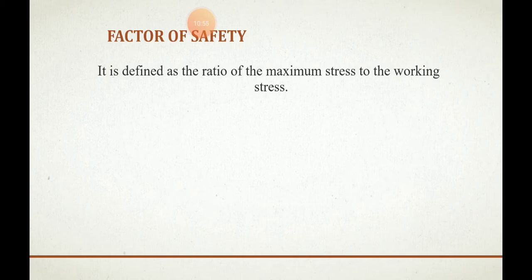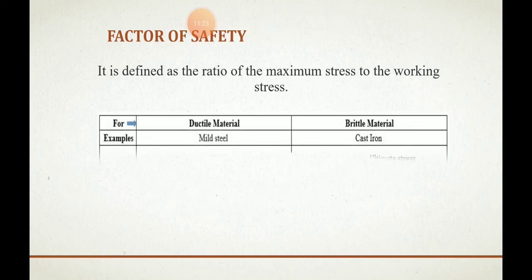If you are using some component in a nuclear power plant, it has a very high factor of safety, maybe 6 or 7. If you are constructing a bridge or a building, even their factor of safety will be higher. So when you design something, you have to choose the factor of safety based upon the kind of application you are designing that product for.